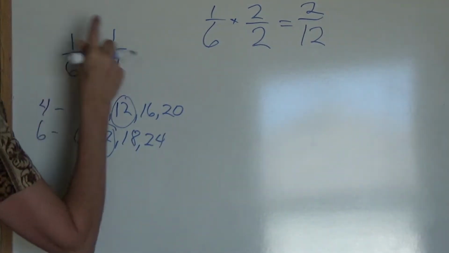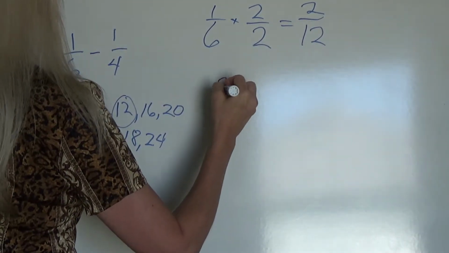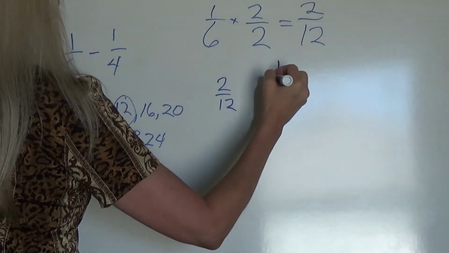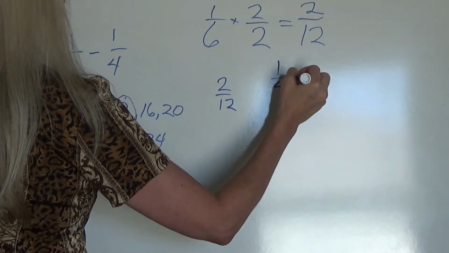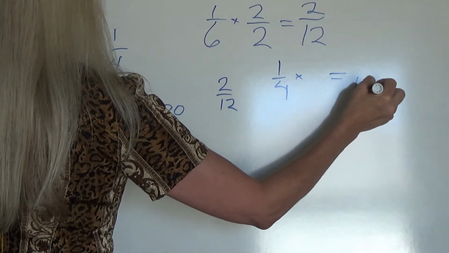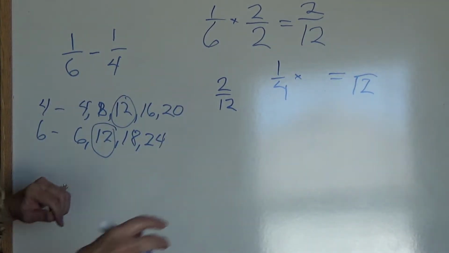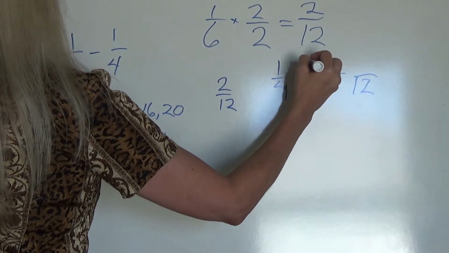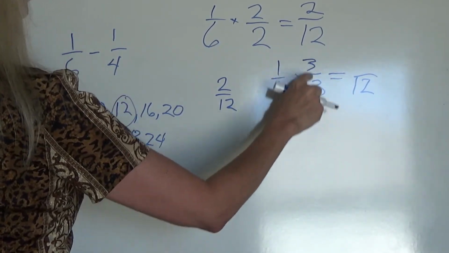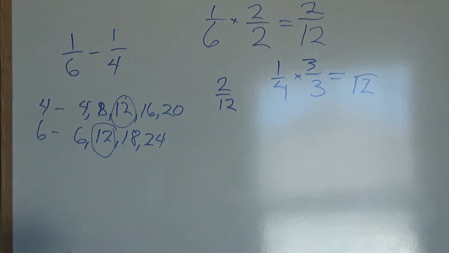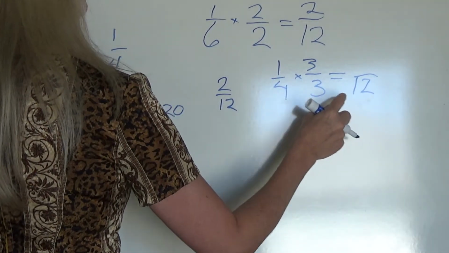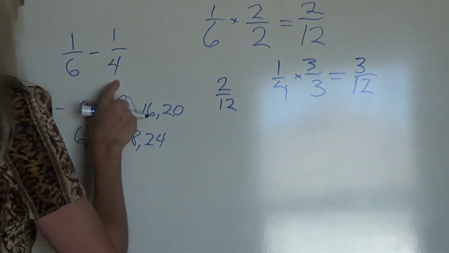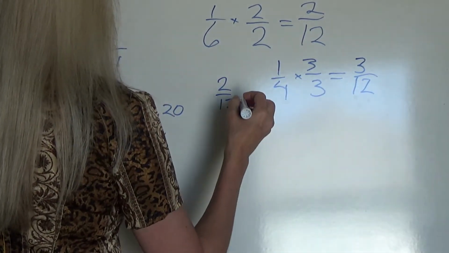So now my 1/6 is 2 12ths. Well, let's do the fourth. 1/4, to be able to get it to a 12, what would I have to use? 4 goes into 12 3 times. So I'm going to use my number 1 on the number 3 setting. So 4 times 3 makes 12, 1 times 3 makes 3. Now my 1/4 turned into 3 12ths.